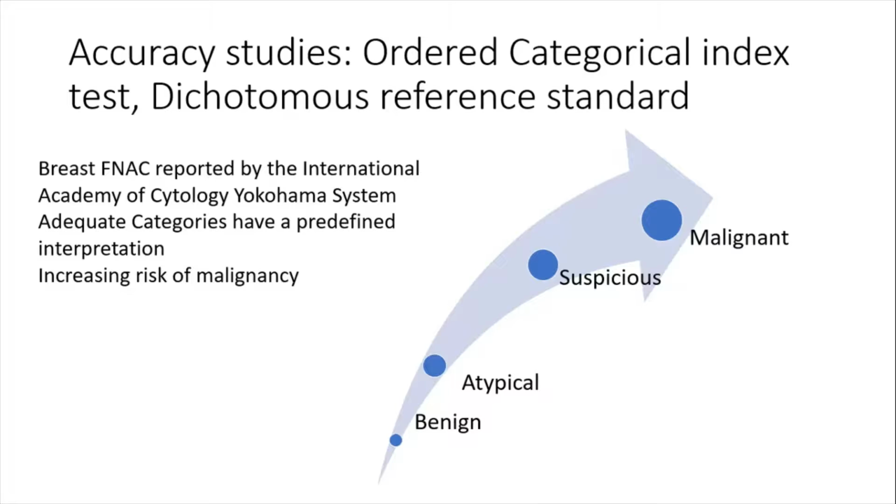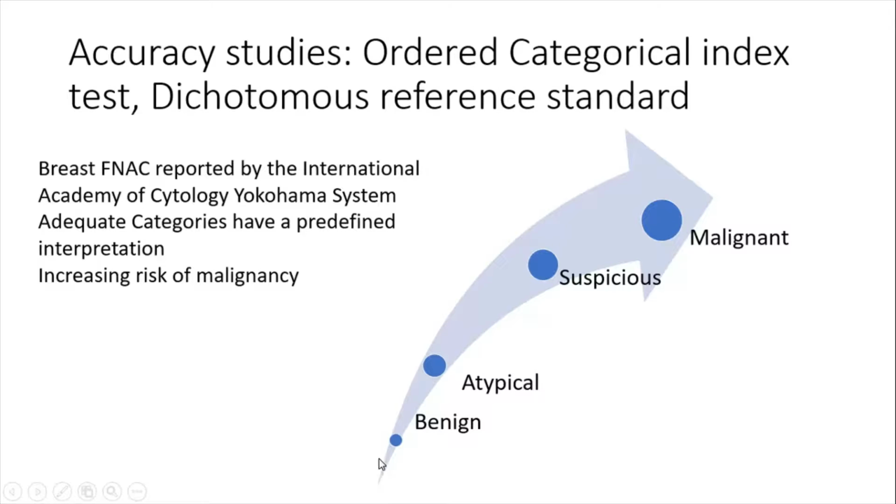We have already spoken about a dichotomous index test. What about an ordered categorical index test, which is actually quite common, especially in FNAC? In FNAC, we often use systems in which we report in the following categories: benign, onto atypical, which is interpreted as probably benign in many cases, onto suspicious of malignancy, onto malignant.